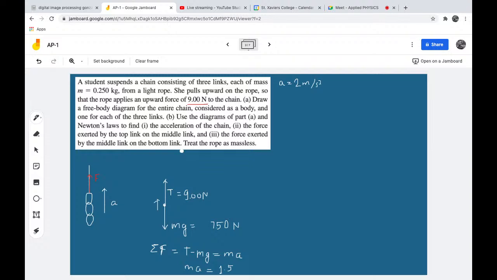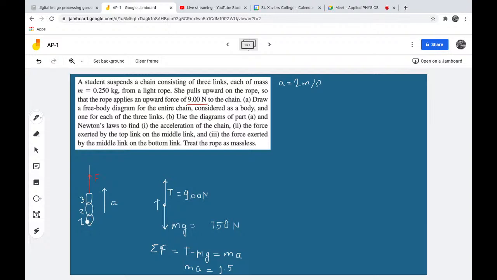So we need to draw a free body diagram for each link. So let me draw the free body diagram for each link. Let me call the lower link as 1, this link as 2, and this link as 3. So I think for this part I can give you the free body diagram and then you can solve it.